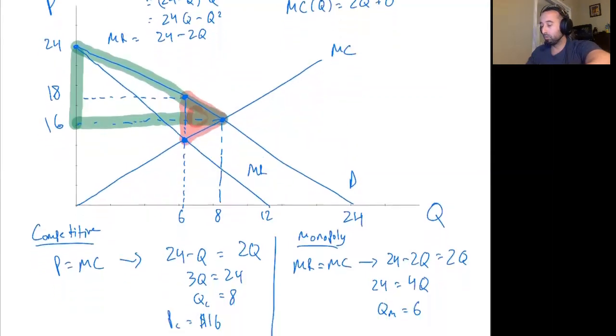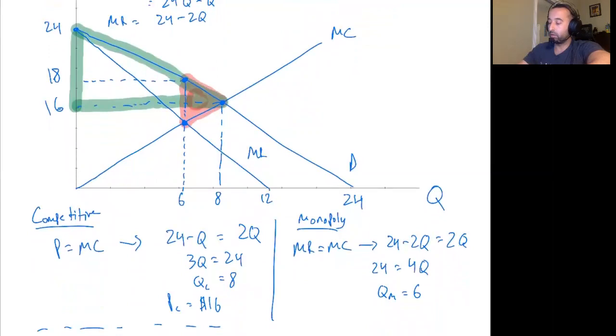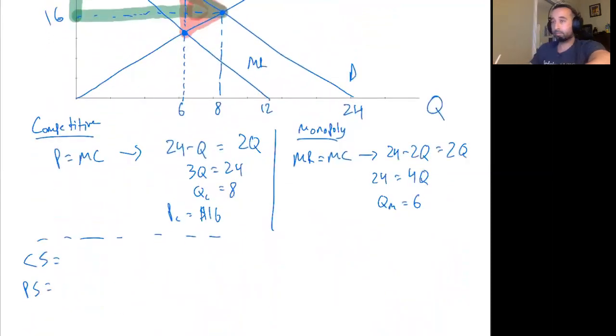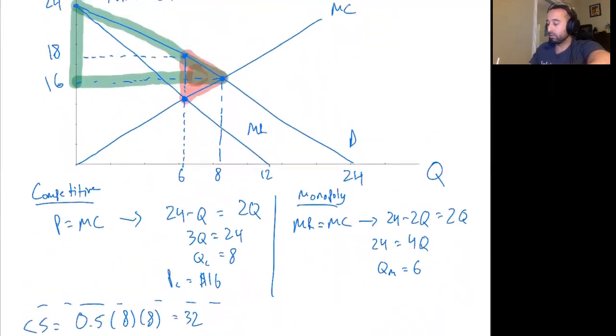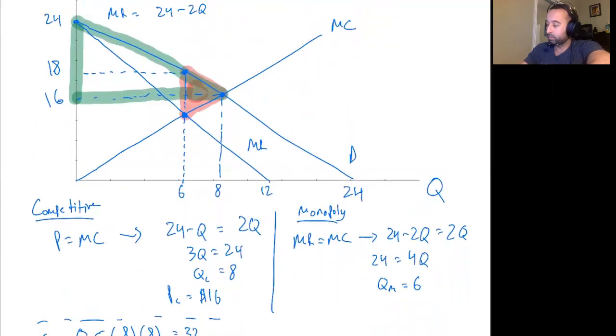The dimensions of this triangle are 8 on the y-axis and 8 on the x-axis. So consumer surplus is equal to 0.5 times 8 for our height times 8 for our base, which is equal to 32. And for producer surplus, similarly, it's just the area above the supply curve up until the market clearing price, stopping at the market equilibrium quantity.